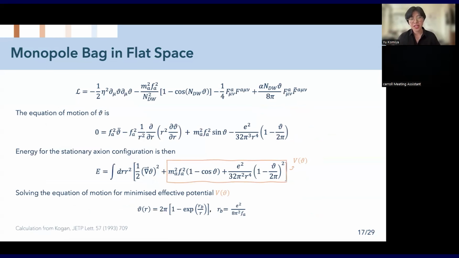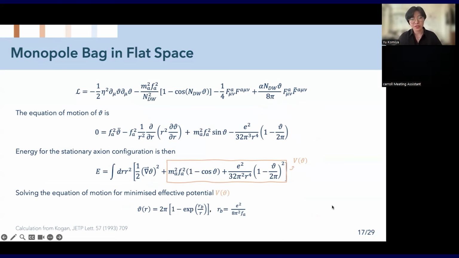So what Kogan also says is that if we form this object, we can actually find that the domain wall goes to some radius at which it is stabilized. A very simple way to see this would be to write down this effective Lagrangian encompassing all of the theta relevant terms, and we can write down an equation of motion for this.